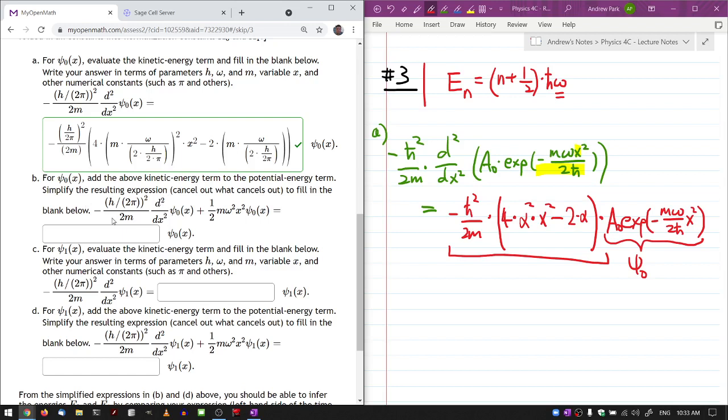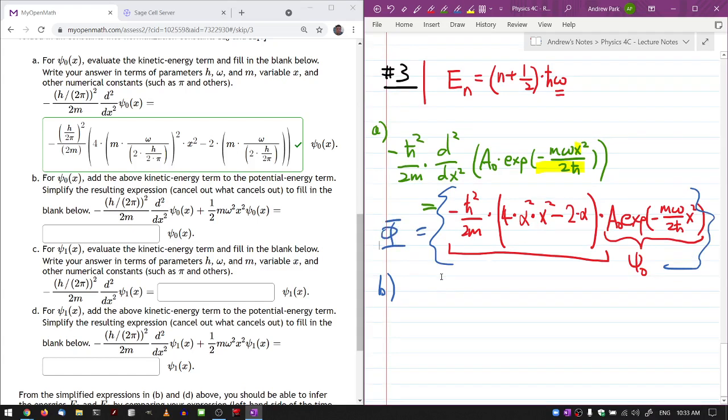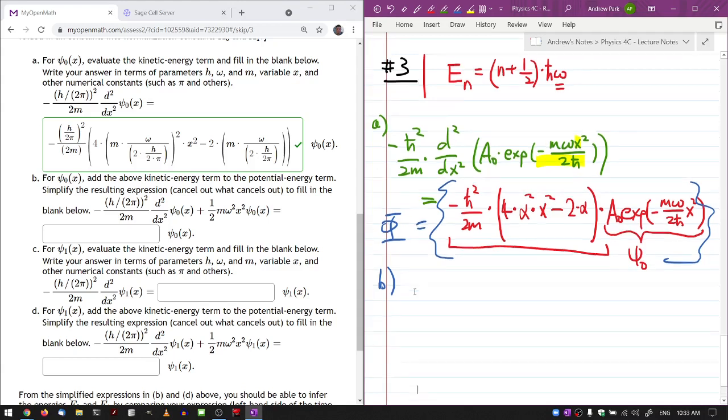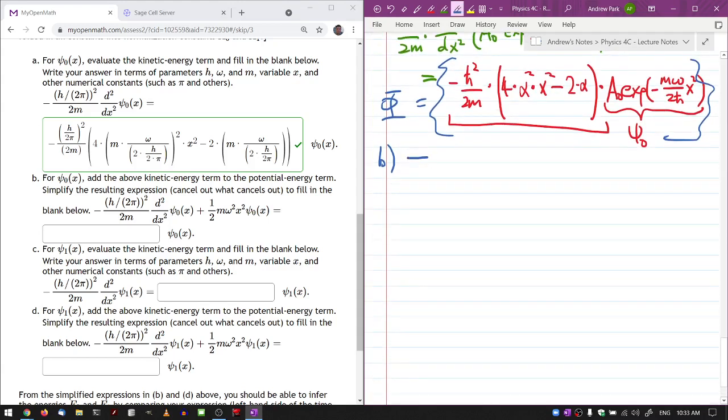So the first term calculation we just did is what we are adding to here in B. We have this complicated thing, let me call that B. So in B, what we are calculating is this whole complicated thing plus 1/2 omega squared x squared psi naught of x.